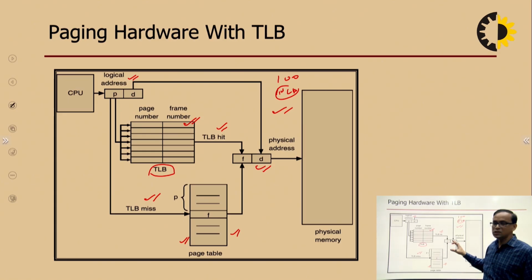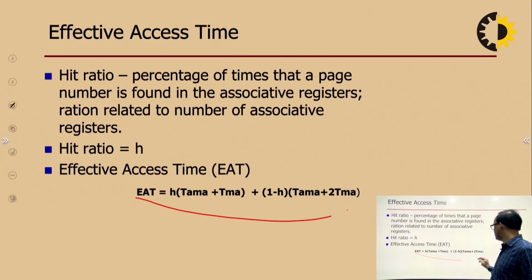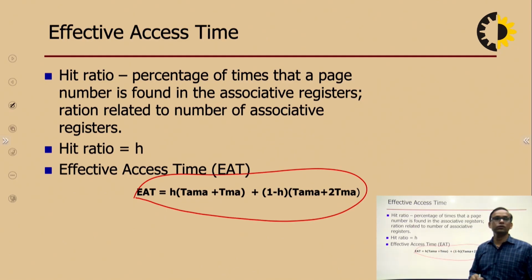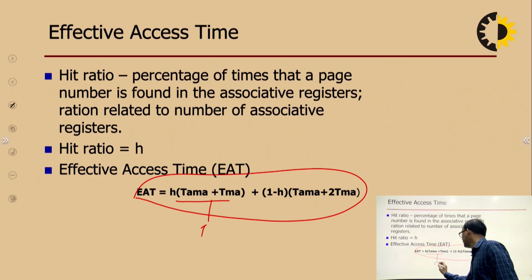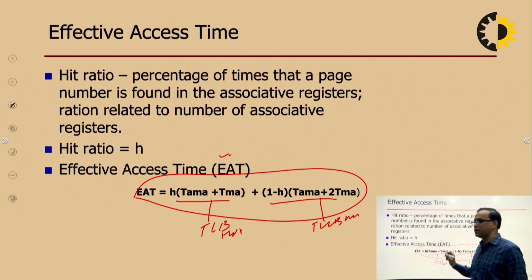For this diagram, there is a term known as the effective memory access time. We calculate the effective memory access time through this formula. This part is for a TLB hit and this part is for a TLB miss, and by combining these two, we get the effective average access time.